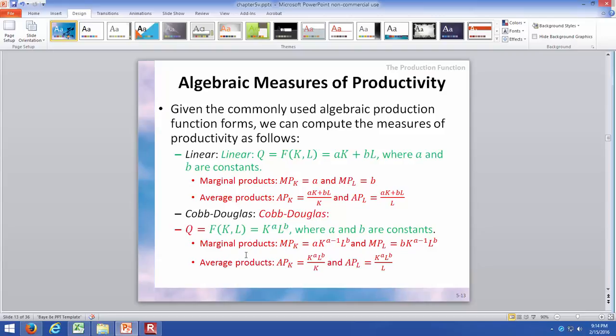And average product is given by K raised to A, L raised to B, divided by the K. All that we are doing here is the quantity divided by the amount of capital, and for the labor, again we are taking the quantity divided by the labor.